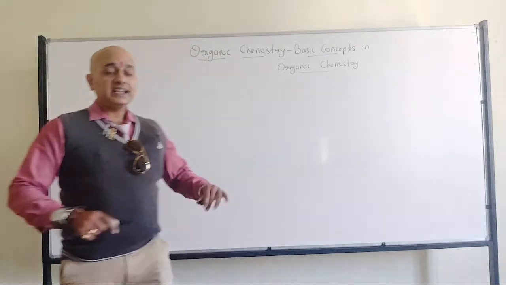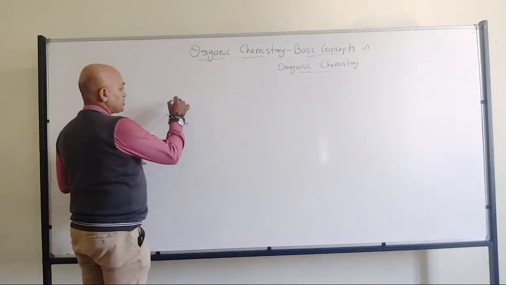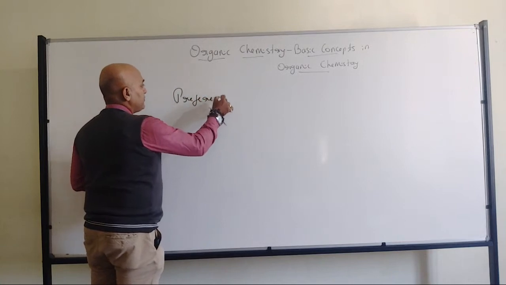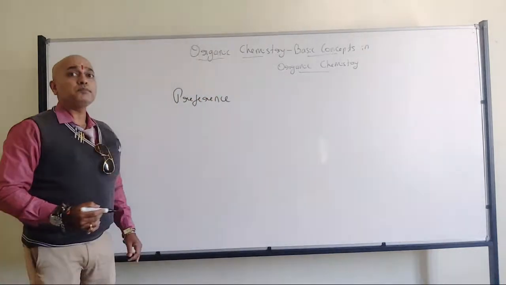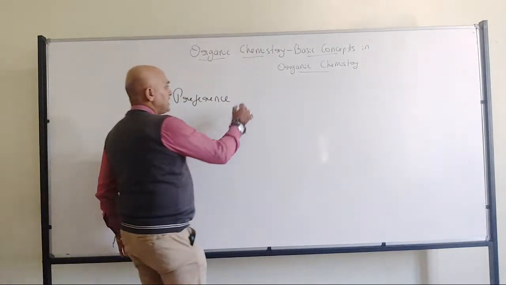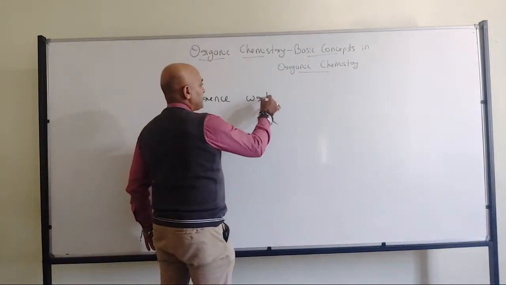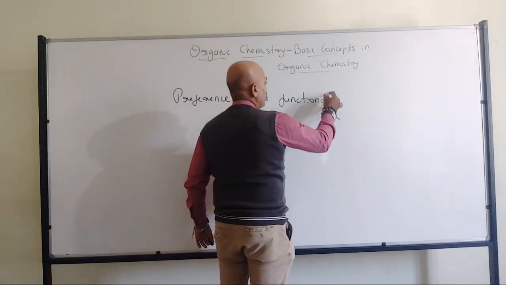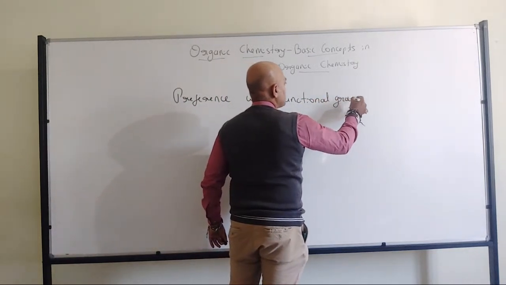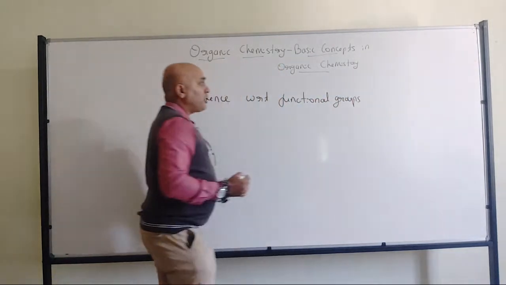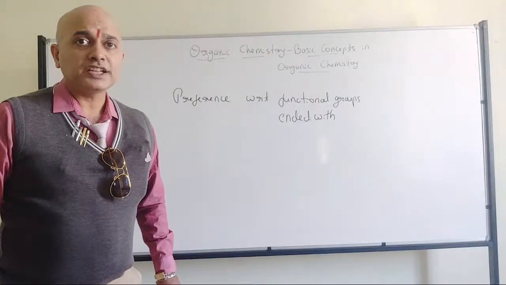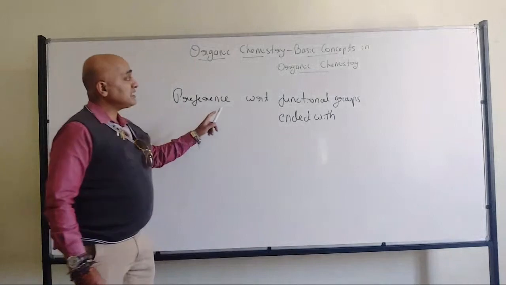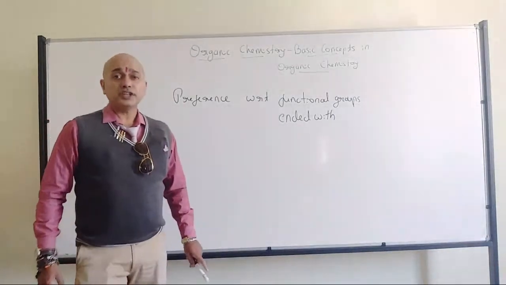So in that case, when I am talking about functional groups, this is important to make use of with respect to IUPAC nomenclature: preference with respect to functional groups. There was some network issue, all of you are here, right? So that's where we have the preference with respect to functional groups.